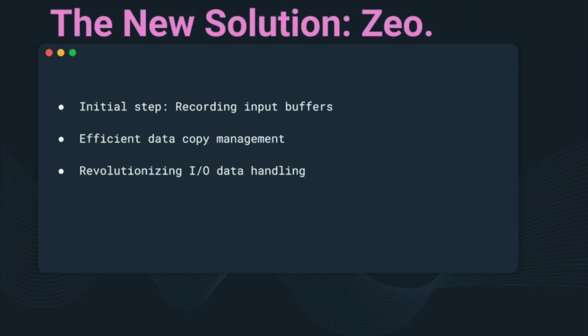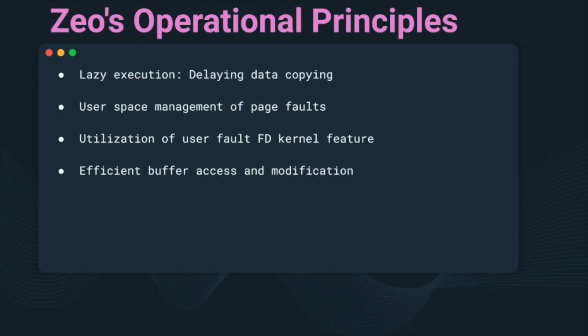The new solution, ZIO, principle of operation. So, data buffer recording. ZIO starts by recording the original input buffers as data enters the application through I/O operations. This step is crucial for tracking and managing data copies effectively, eliminating redundant copies. Now, lazy execution strategy. Instead of immediately copying data to a new buffer, ZIO employs a lazy execution approach.